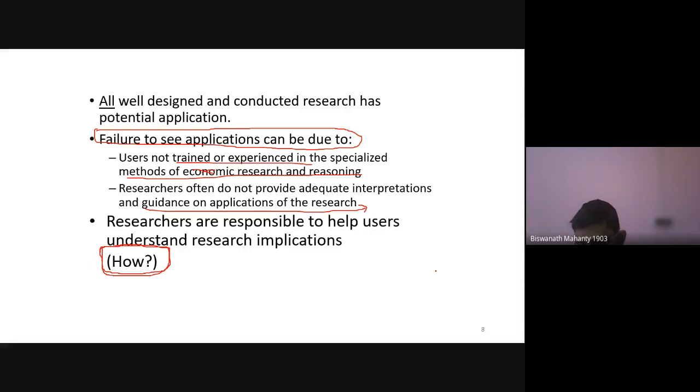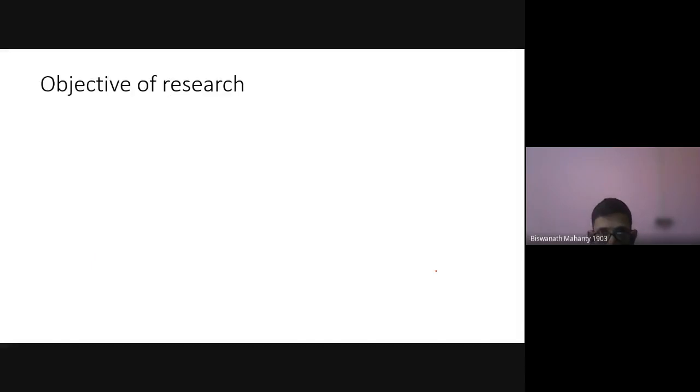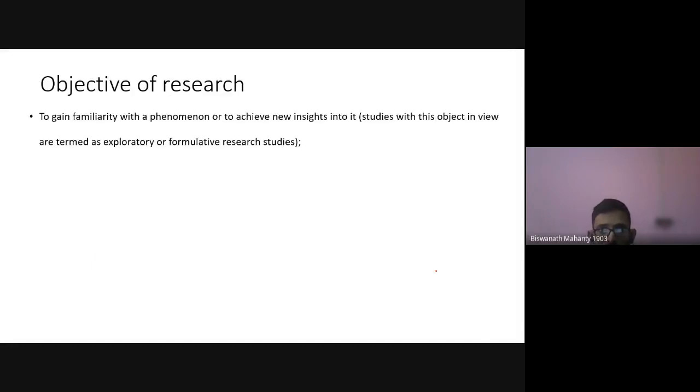If I'm not taking this, what is going to happen to those people? So in many cases, if I'm going to do real research, you need to give the implications also: what is going to happen, how it is going to happen. Those questions should be addressed. So when I'm talking about the objective, what is the objective of the research?